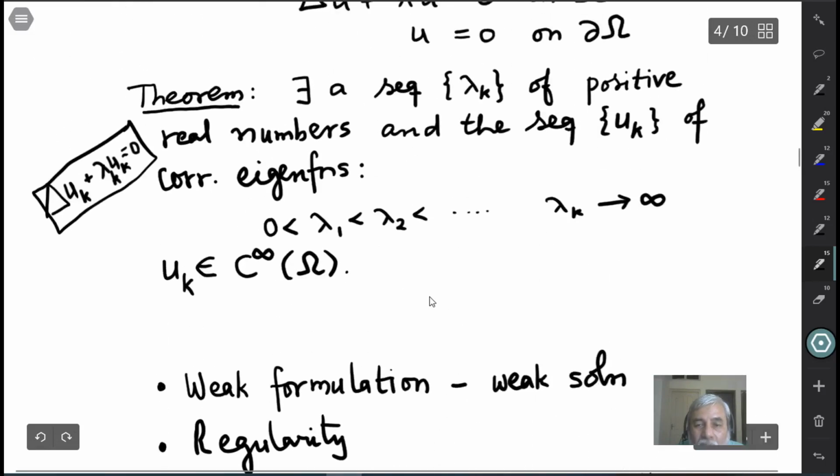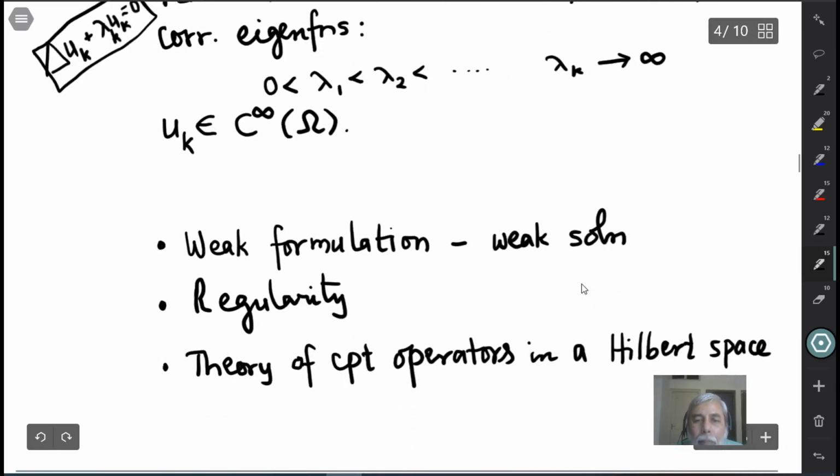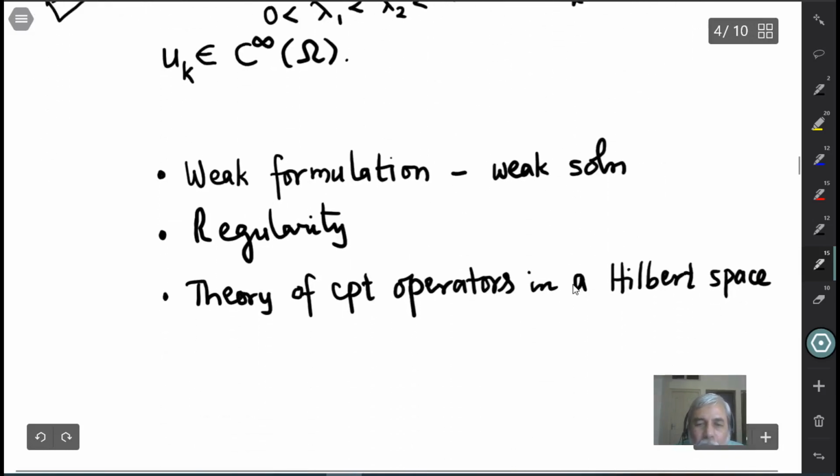And then in order to get this existence of an infinite number of eigenvalues, we need to use the theory of compact operators in a Hilbert space. So you can see how technical the proof is.